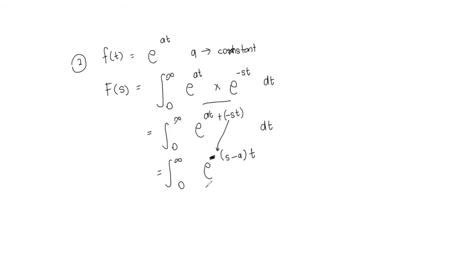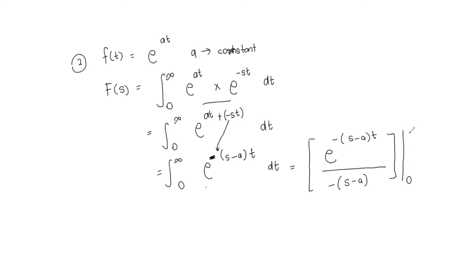Okay, so this is your function in the form of exponential decay, and you will get the result, which is exponential to the power of minus (s minus a) times t over negative (s minus a), don't forget your negative here, and it should vary from the limits, which is from 0 to infinity.